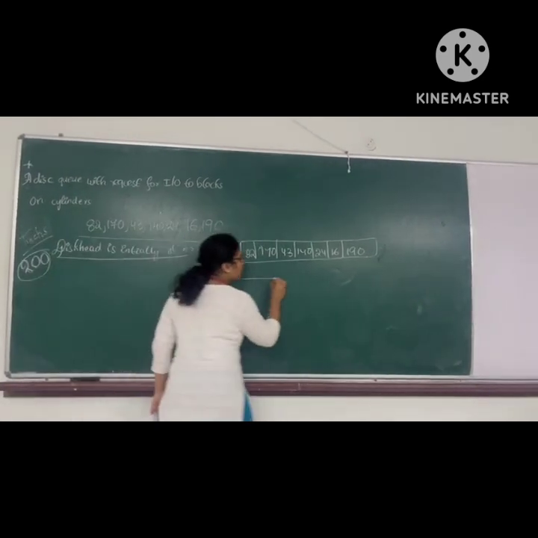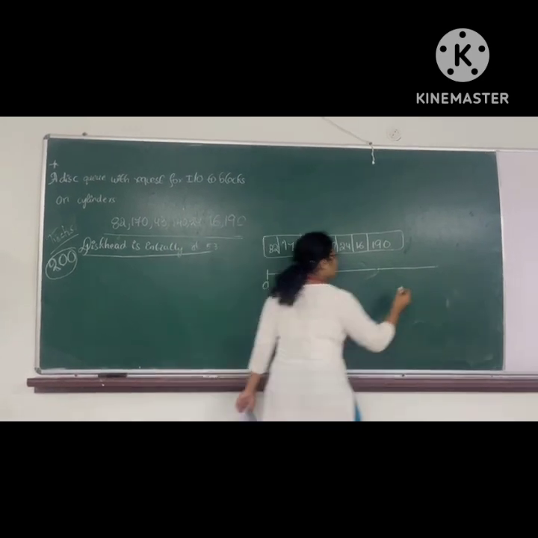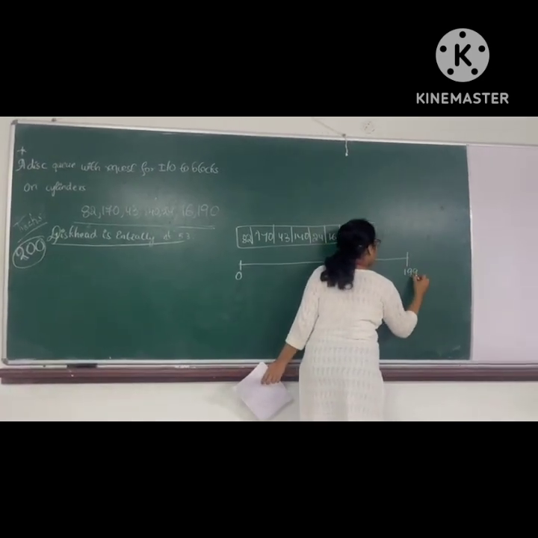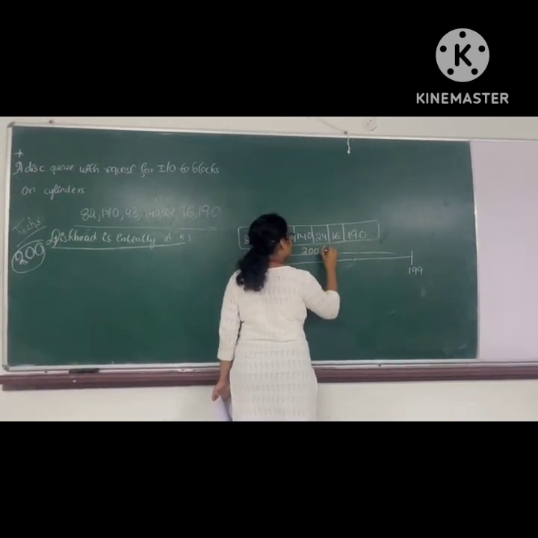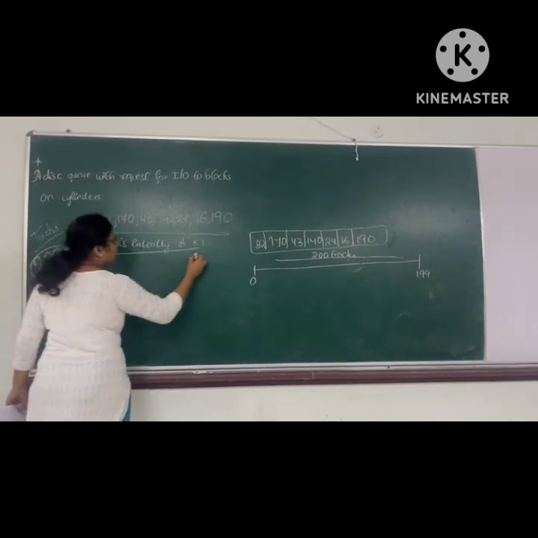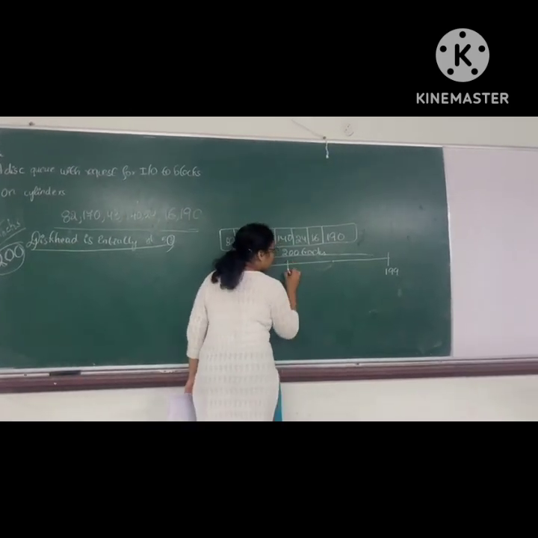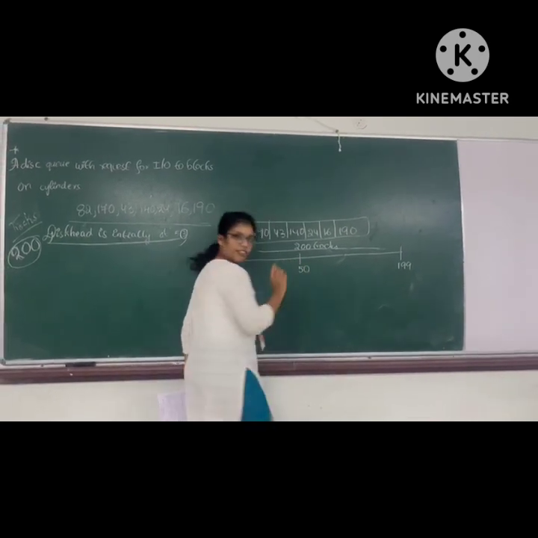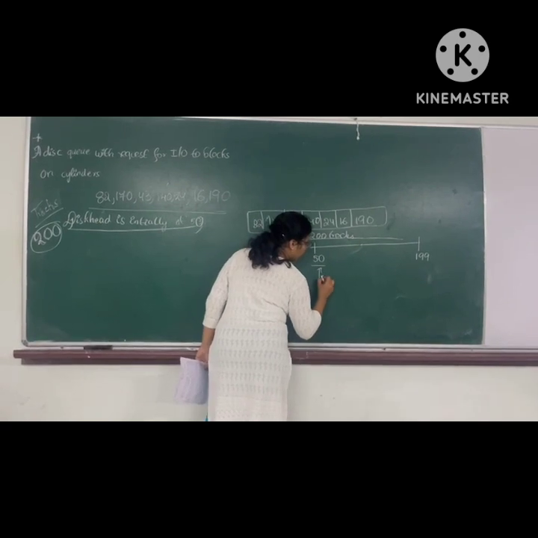That means they will be in this format, from 0 to 199, and total are 200. And the disk head is initially at 50. From here, this is the initial current head.